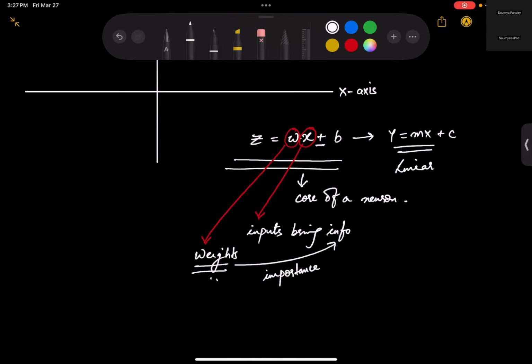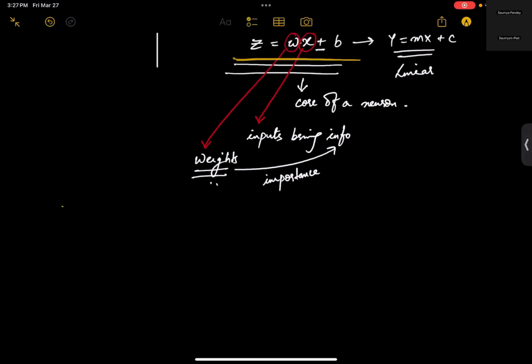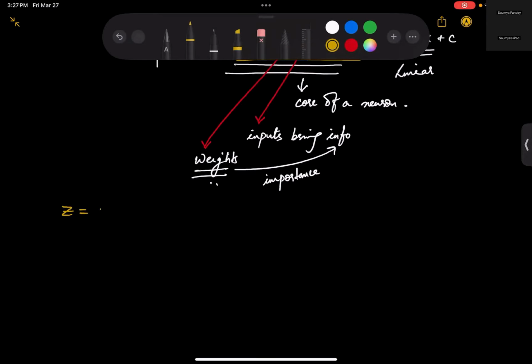Now we were talking about this equation, right? Let's write it again for cleaner. This was our equation. Plus B. Now here Z is our signal. And what is signal here? You can see this is weight, this is input, right?